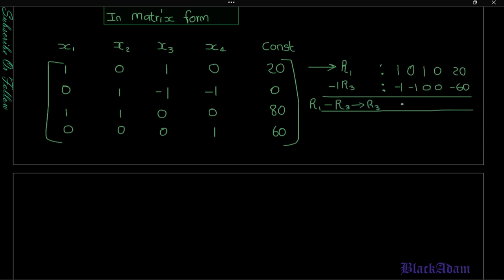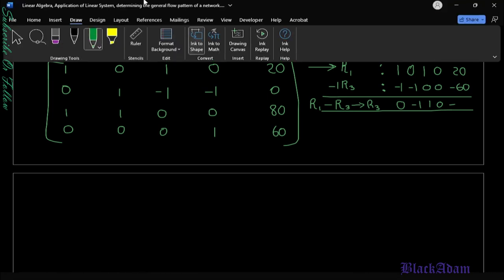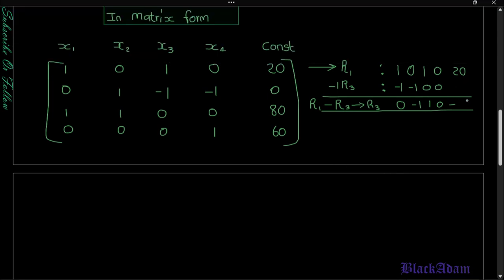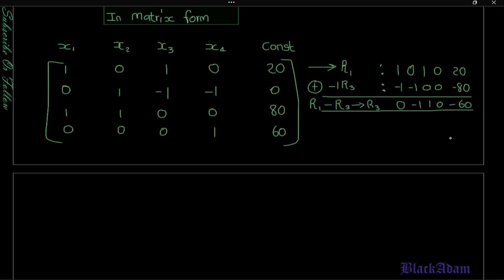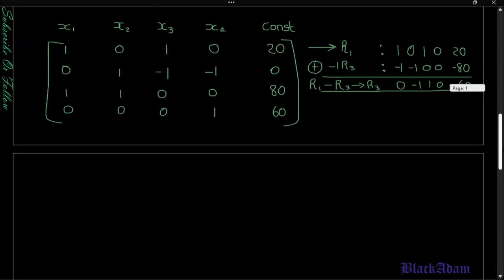Our answer should be 0 there. That's -1, that's 1, that's 0, and that's -80. So erase that, then I put -80 there, and then from there we add the rows together. That's -60 there, and that means we have to update row 3.